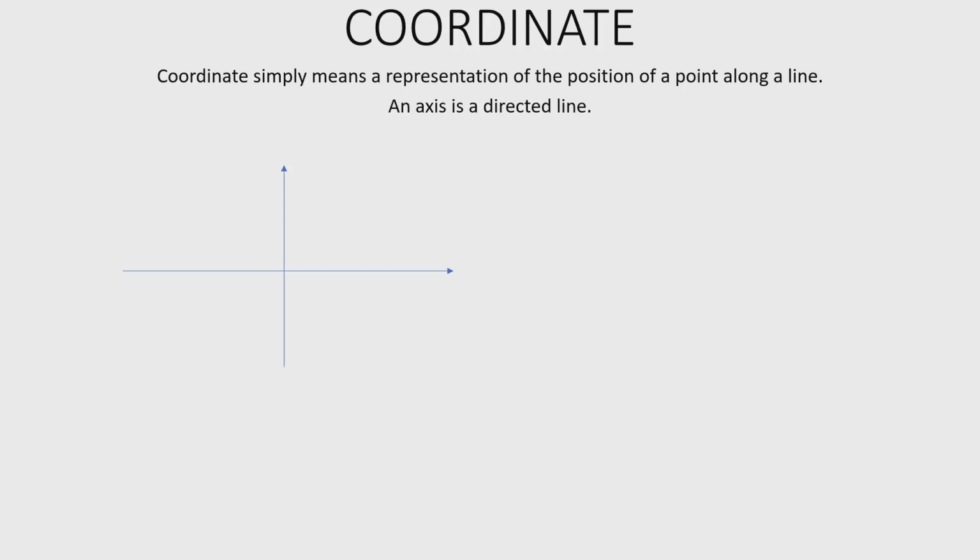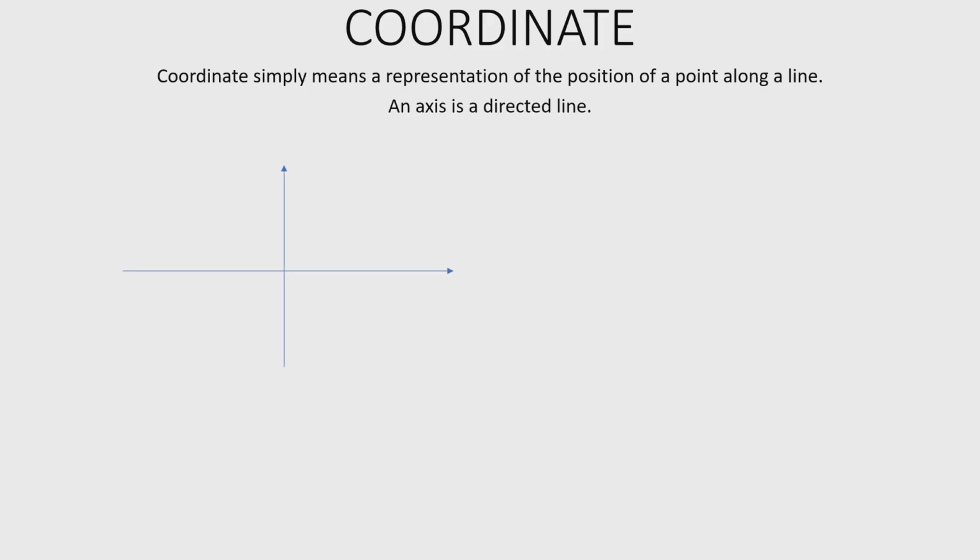So how do you represent the position of a point along a line? For example, let's say you wanted to know exactly where a point is along a line.